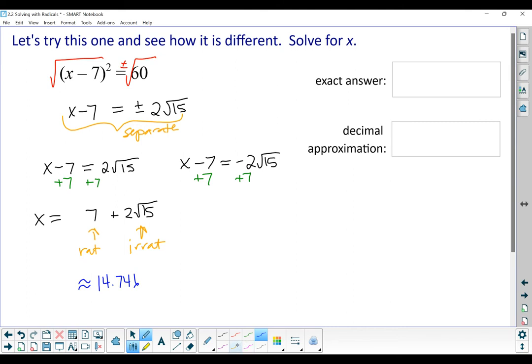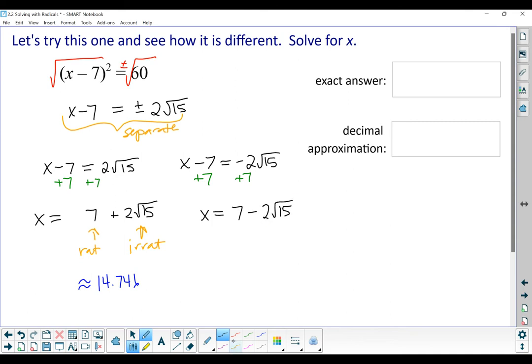On this other equation, if we add the 7, we have two things that are being combined, 7 minus 2 root 15. But again, since one of them is rational and one of them is irrational, our calculator and our own brains can't really combine them.